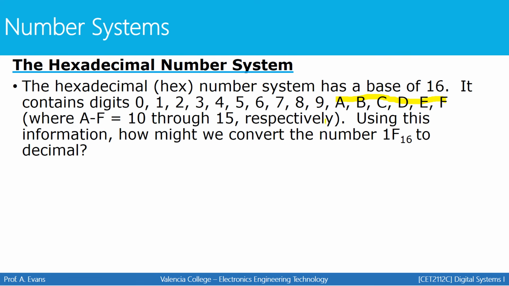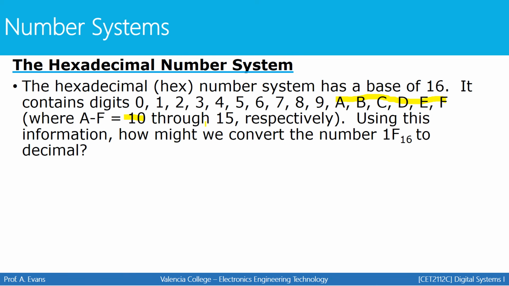So we move on to letters to represent the next set of digits. So after 9, we have A, B, C, D, E, and F. Now the letter A represents the number 10. The letter B represents the number 11, and so on. So whenever you're in the hexadecimal number system, if you see a letter written within a number, like A9 or D5, those letters actually represent 10 through 15.